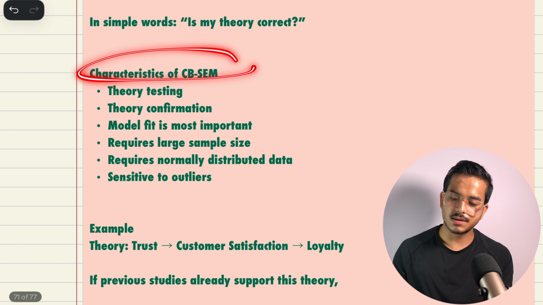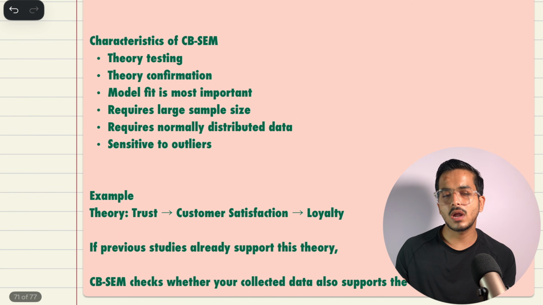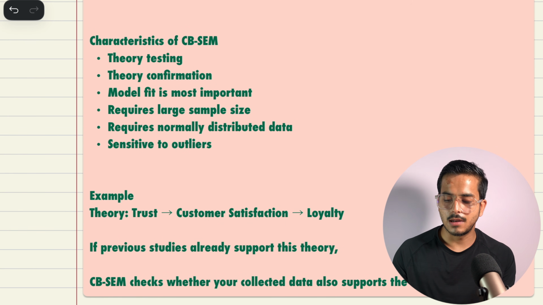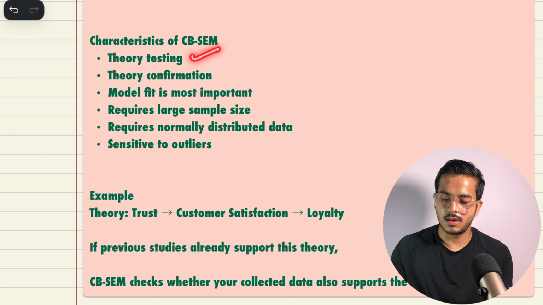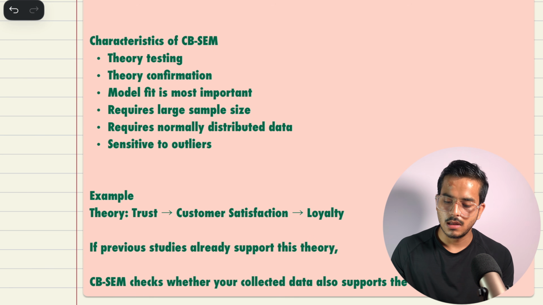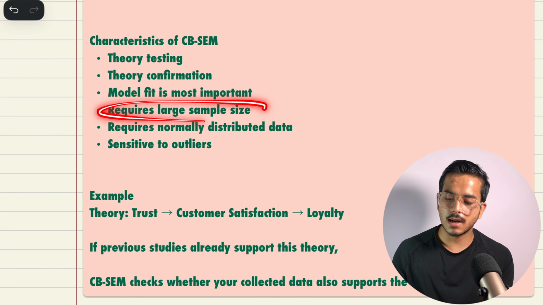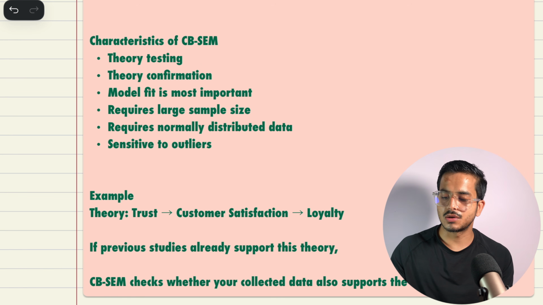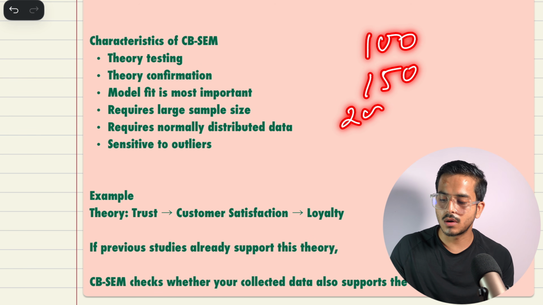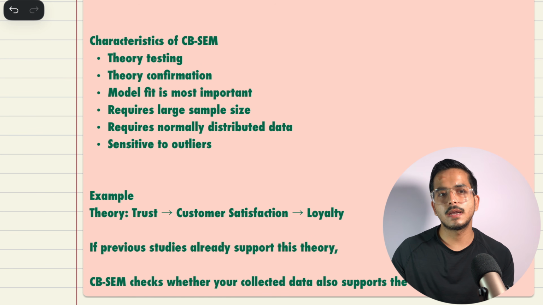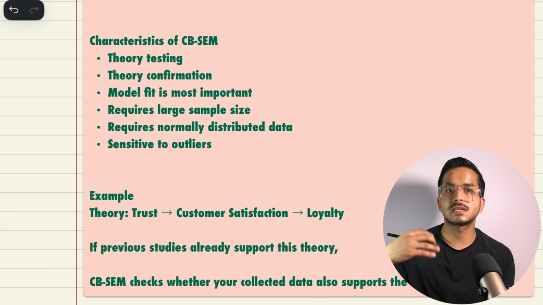These are the characteristics of CB-SEM, and in some ways there are some limitations. Let me tell you why. Theory testing, theory confirmation. Model fit is most important; we see whether the model fits our collected data or not. It requires a large sample. Here it is both a characteristic as well as a limitation. For example, if we have data of 100, 150, or 200, it is nearly impossible to analyze the data through CB-SEM because it requires large data.